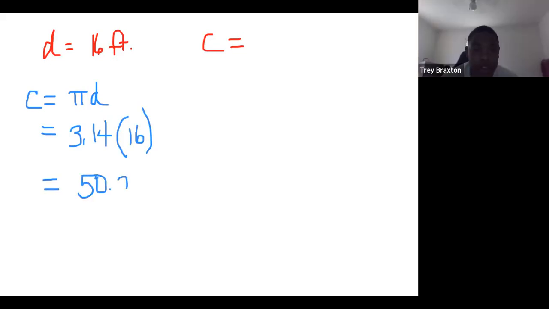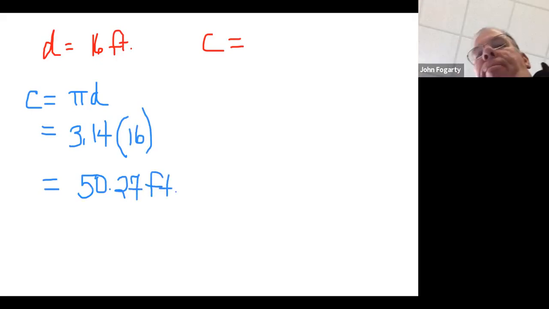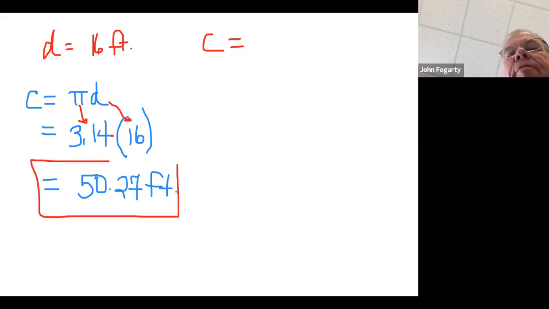Yes, 50.27 feet. So our formula is going to be pi d. I substitute 3.14 for pi and 16 for d, and then I just multiply them, and I get 50.27. Does that make sense?